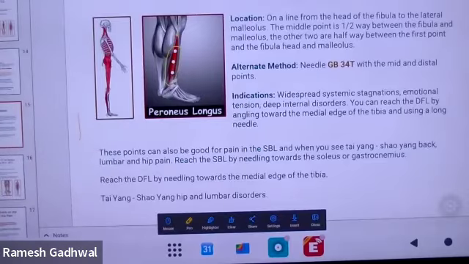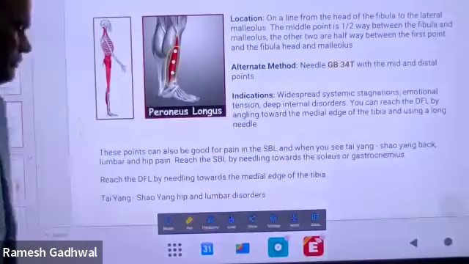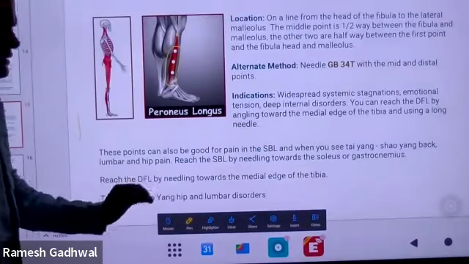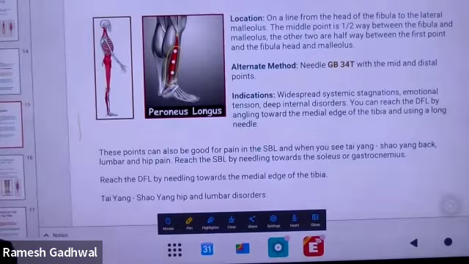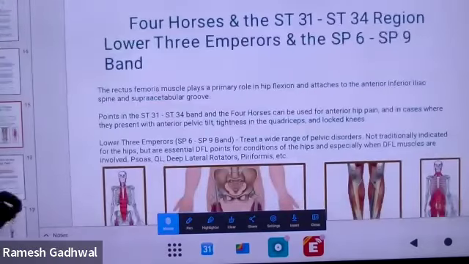Reach the deep line by needling towards the medial edge of the tibia. Then the stomach 31 to 34 region and the spleen 6 to SP9 band.